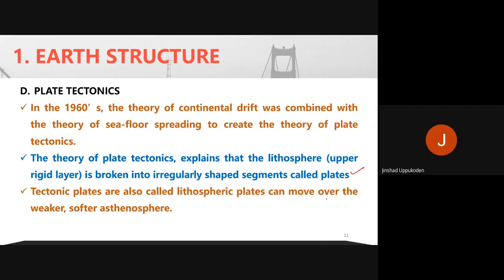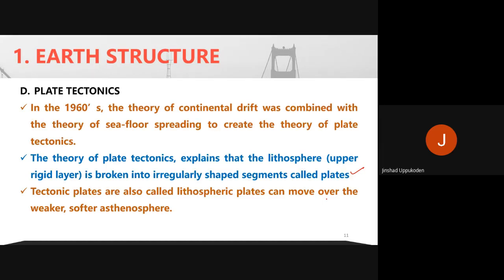The entire surface of the earth, the crust, is broken into pieces, and these tectonic plates are floating. I say it again, the tectonic plates are not constant, but they are floating on the asthenosphere. That is a liquid part.